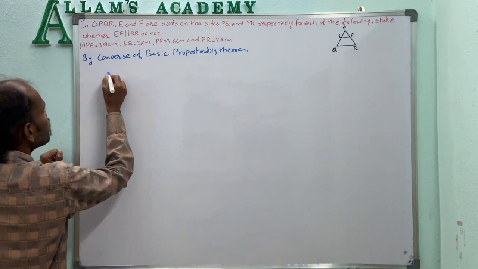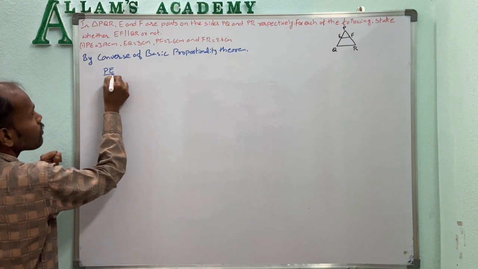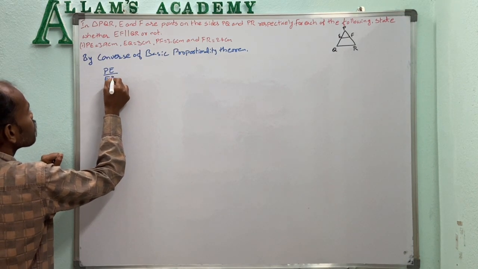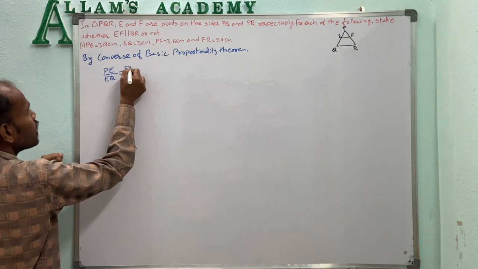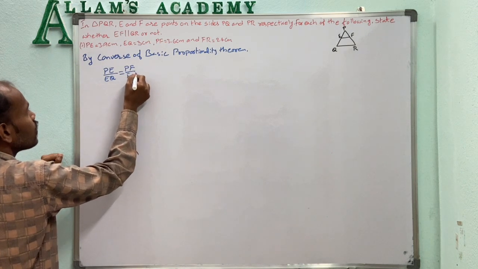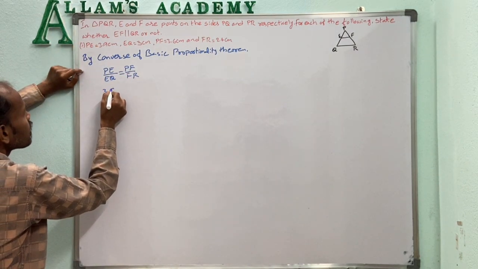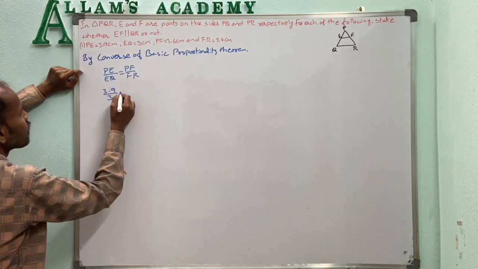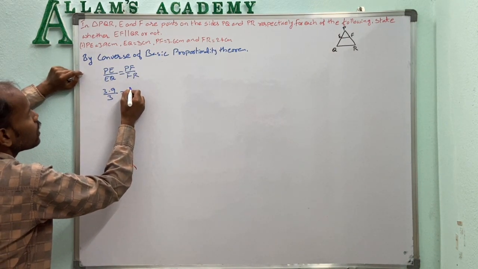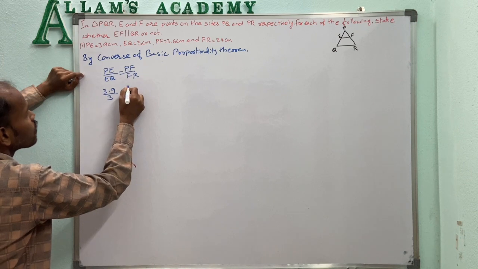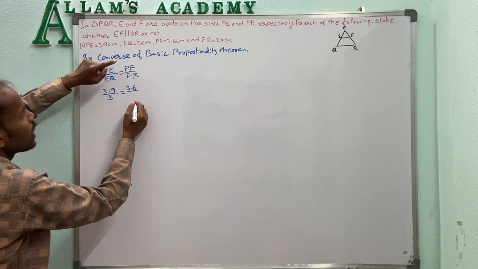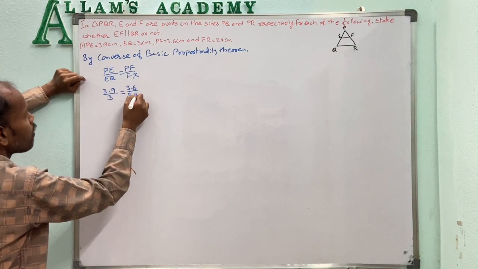we check PE by EQ equal to PF by FR. By that, we check 3.9 by 3 equal to the PF value 3.6 by the FR value 2.4.